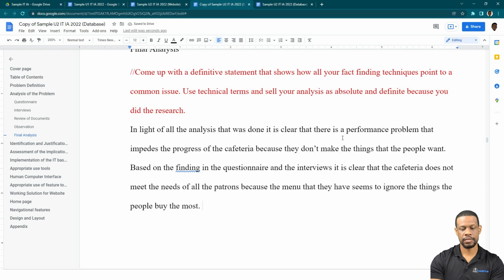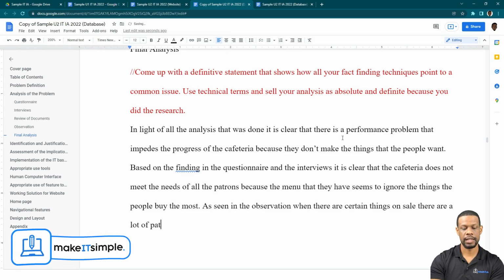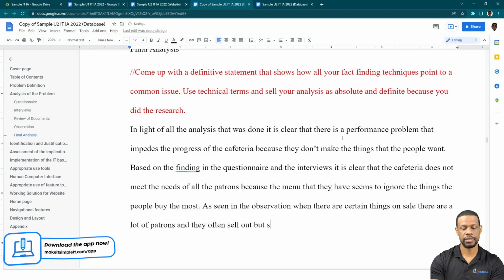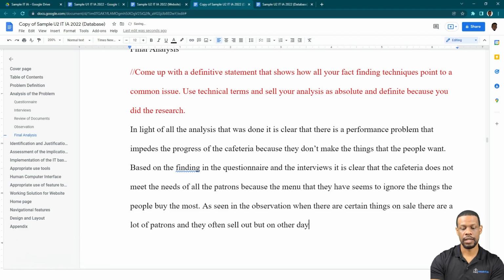As seen in the observation, when there are certain things on sale, there are a lot of patrons and they often sell out, but on other days there is a surplus of food left back.